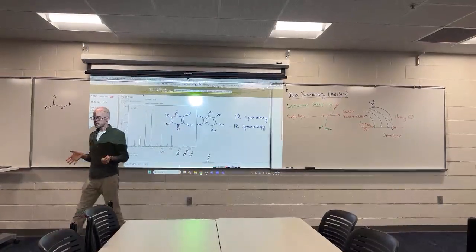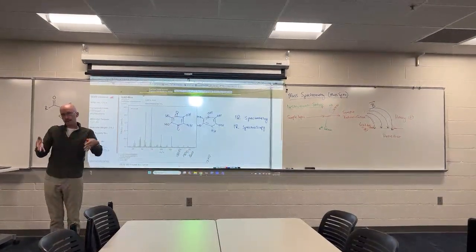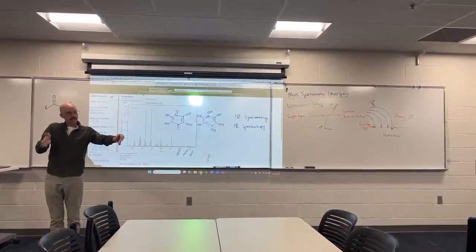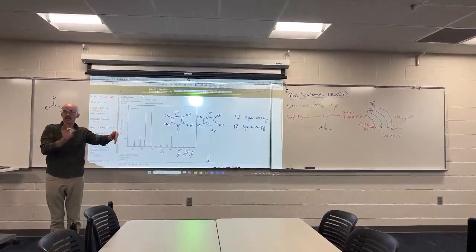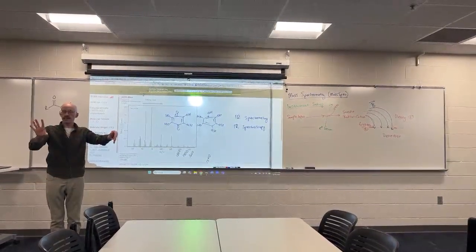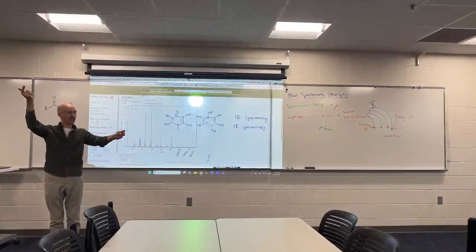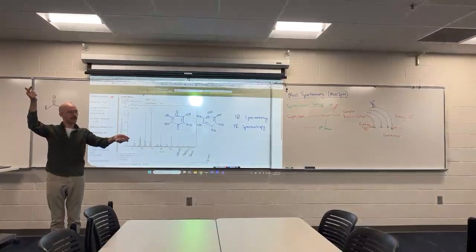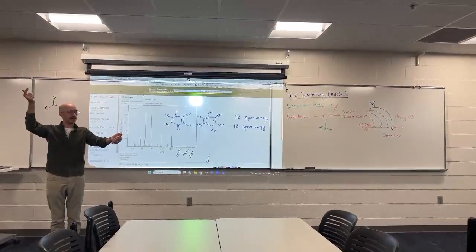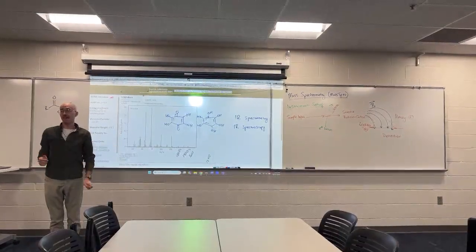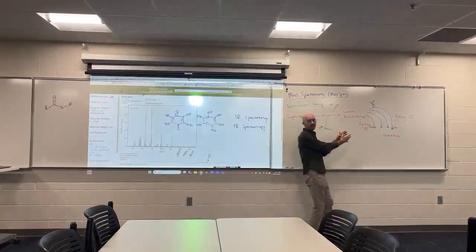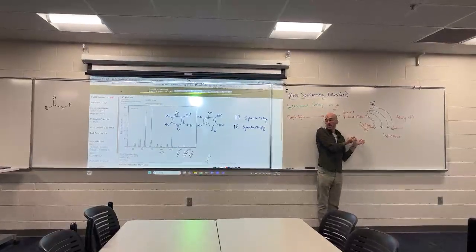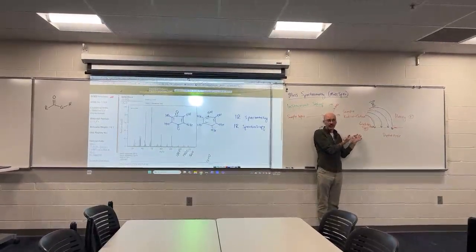So you create an instrument with a detector that is segmented off. And depending on where your detector gets hit, you can back calculate from the strength of the magnetic field and the speed of the ions what the mass of that ion was. If my ion hits this side of the detector, that was a fairly light mass ion.